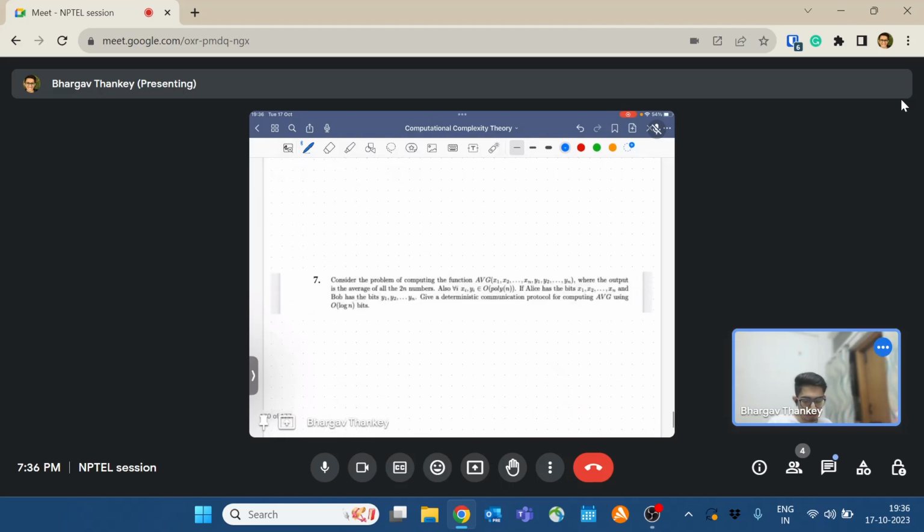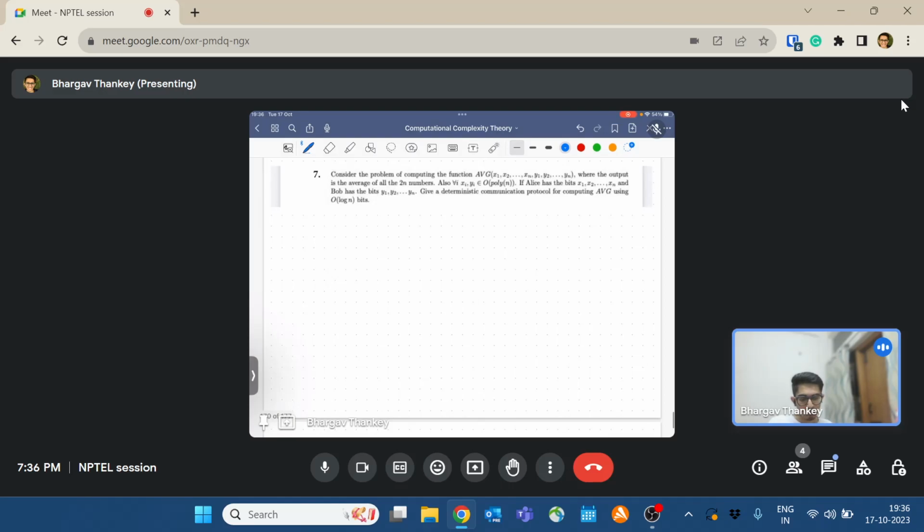Now let's look at the subjective problems. The first problem is to consider computing the function average of x1, x2 to xn, y1, y2 to yn, where the output is the average of all the 2n numbers. Also for all i, the values of xi and yi are at most poly(n). If Alice has x1 to xn and Bob has y1 to yn, give a deterministic communication protocol for computing the average using O(log n) bits.